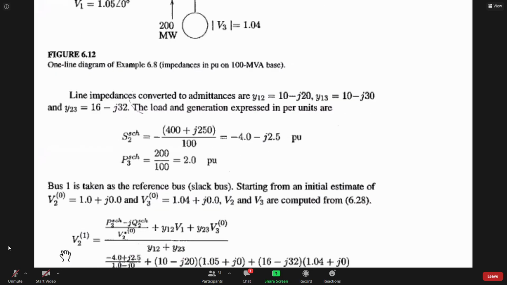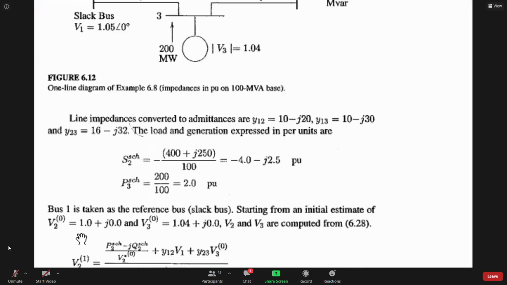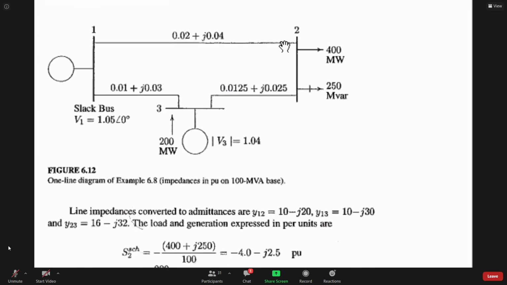So using the earlier equation, which is the very general or basic equation, we can find the voltage for bus 1 as well as, sorry, bus 2 and bus 3. What are the unknown quantities? For bus 2, P and Q are there, so you have to determine voltage, right?